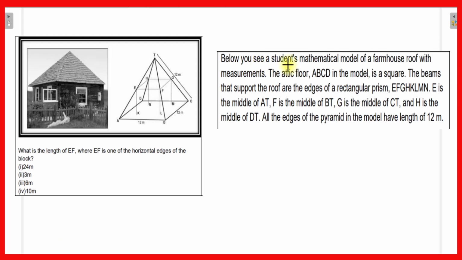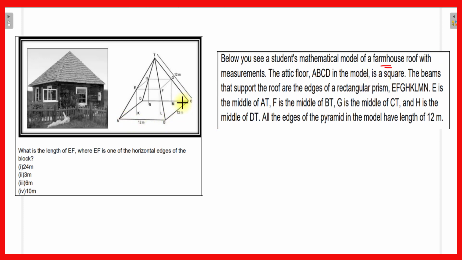Now below you see the student's mathematical model of a farmhouse roof. This is the roof with measurements. The attic floor ABCD in the model is a square.